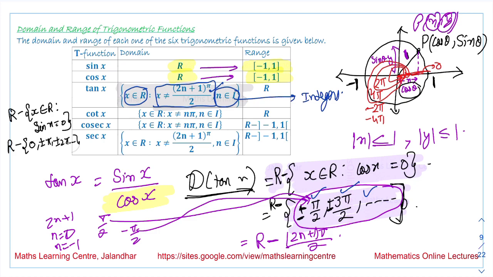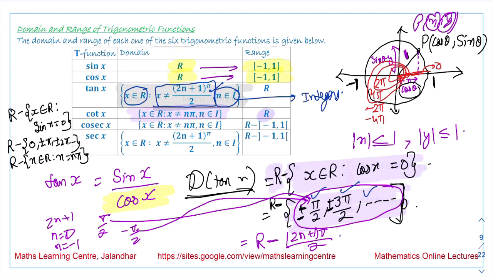So the domain is R minus the set of x such that x is equal to n pi. That is, all real numbers except those for which x is equal to n pi.